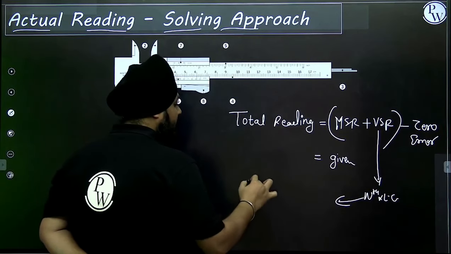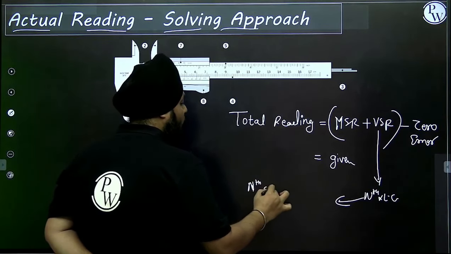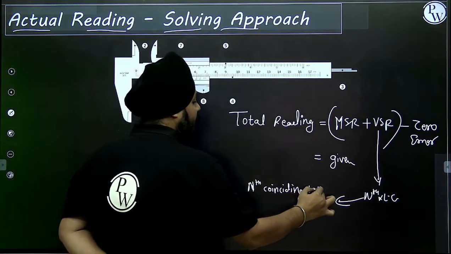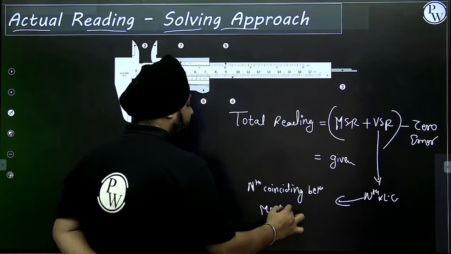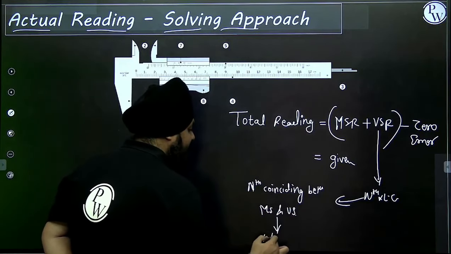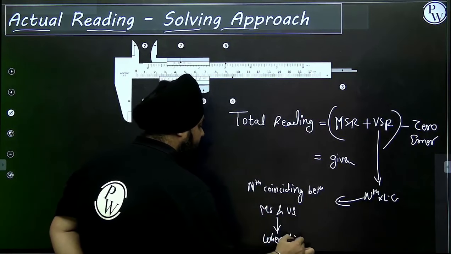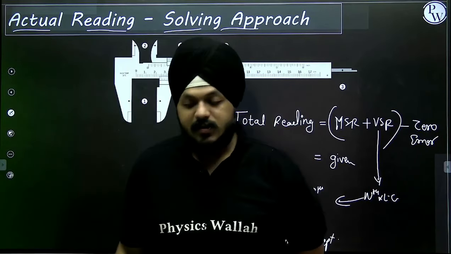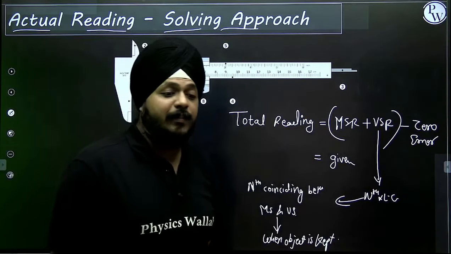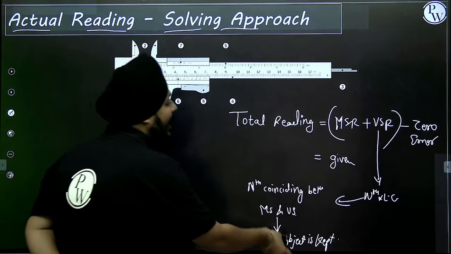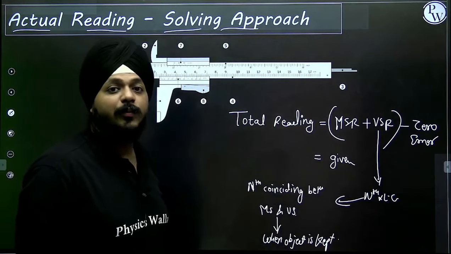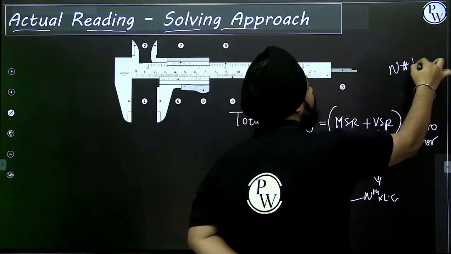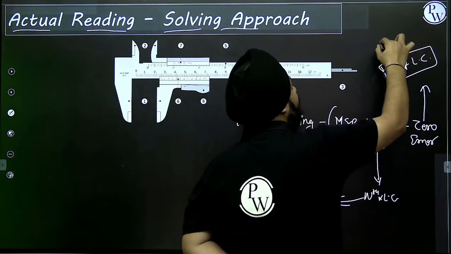This nth division is coinciding between the main scale and Vernier scale when the object is kept. And for the zero error we have the formula n into least count, which is the nth division coinciding when the object is not kept.